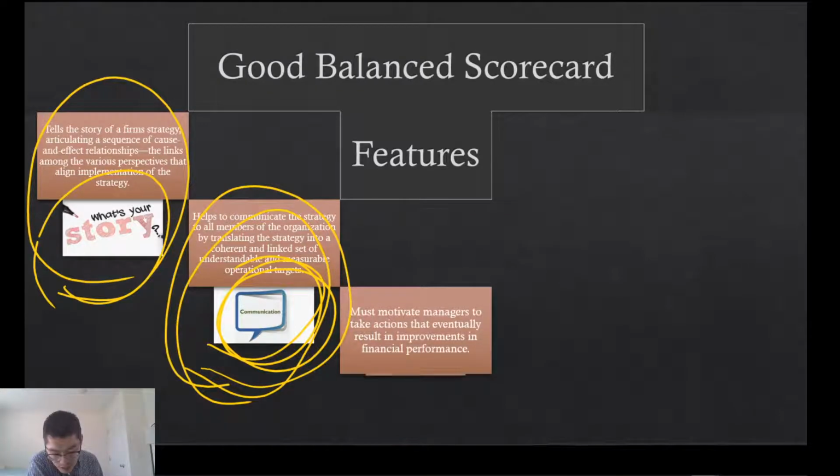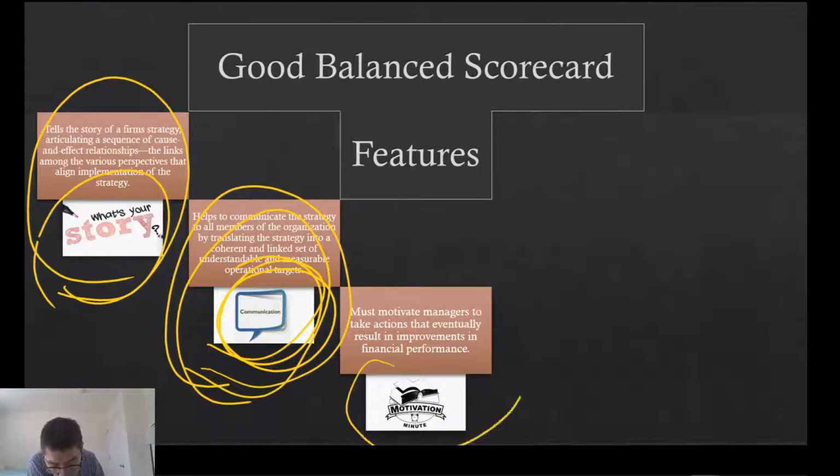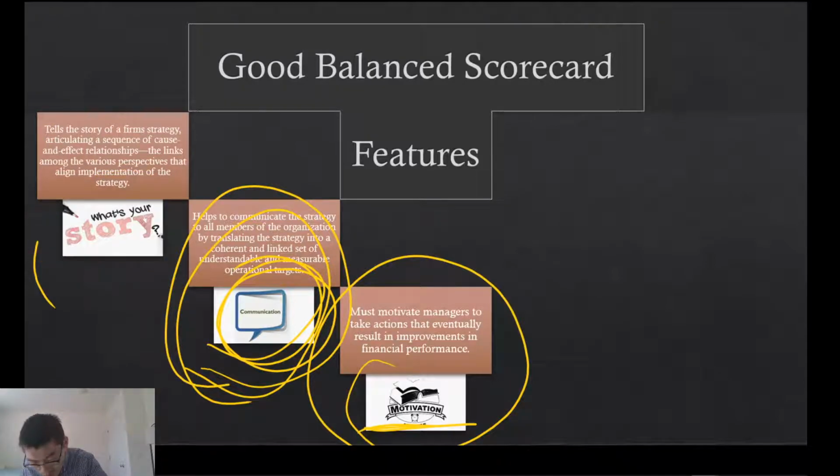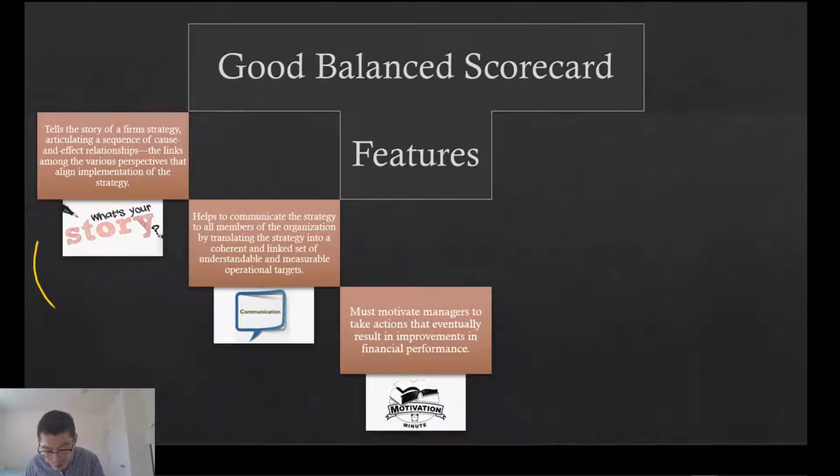And then we have to create incentives to motivate our employees. Otherwise, it's not going to work, right? We have to have motivations for employees to work towards those goals.